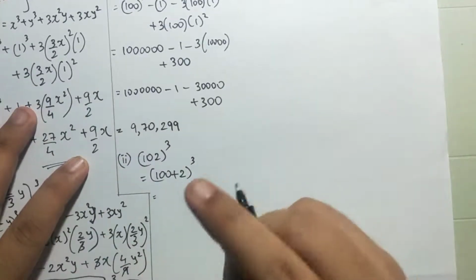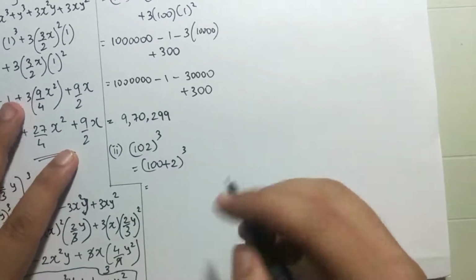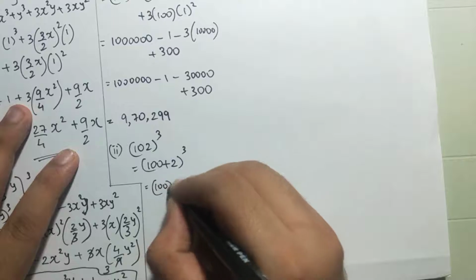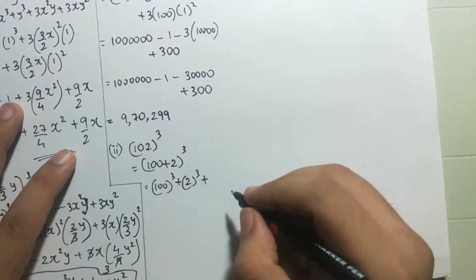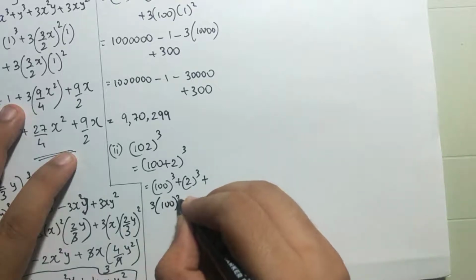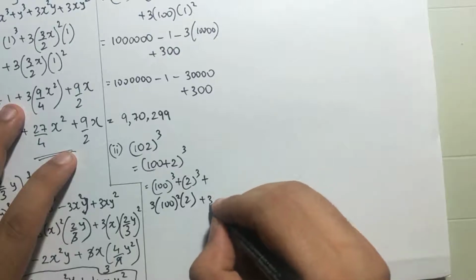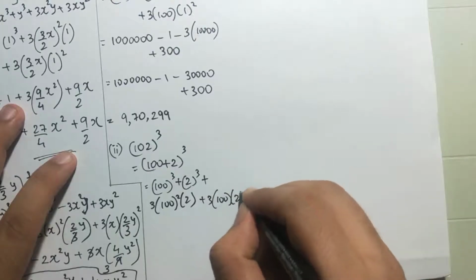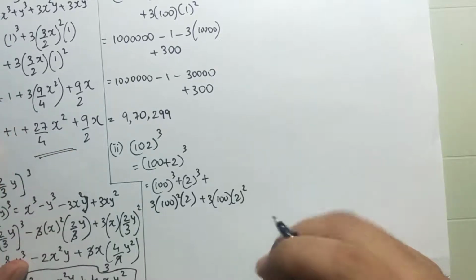In an examination, I'm repeating again and again, you have to write the identity, it is compulsory. x cube plus y cube, plus 3 multiplied by x square into y, that is first term square into y, plus 3 multiplied by first term into square of second term.